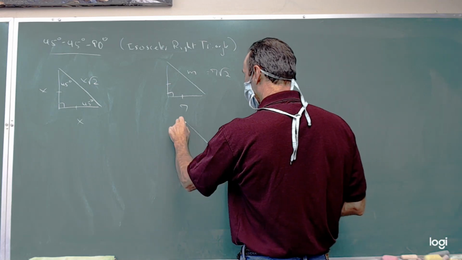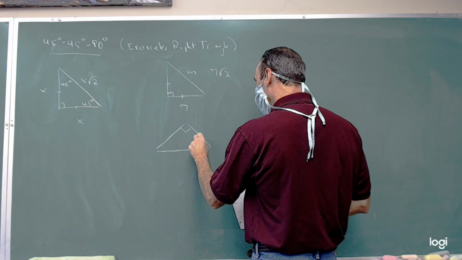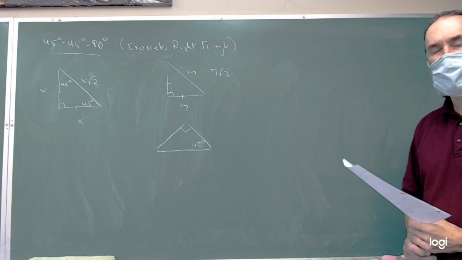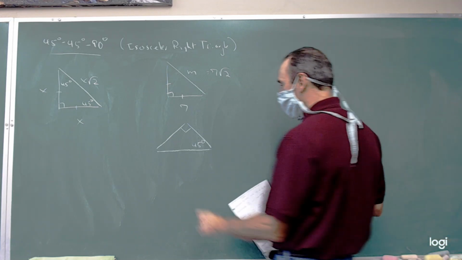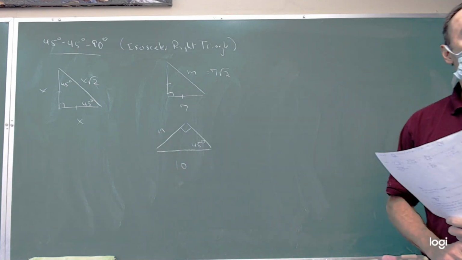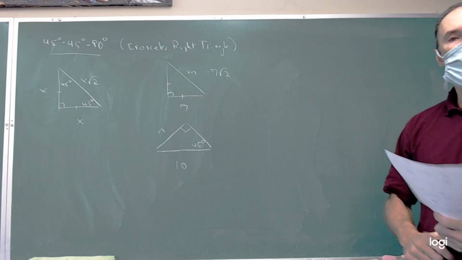I'll try to disguise the isosceles right triangle here. So I'll try to turn that triangle around. It's probably confused you, but it's actually a 45, 45, 90. And this time we'll say this is 10, and we want to find that side length n. Now you have to do a little bit of work, right?